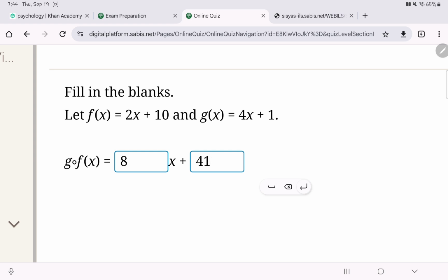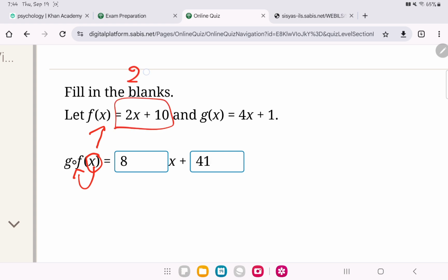Again, I will repeat. We're going to go from the right to the left. First we need to put inside of the f(x). We already have it, or if you want to substitute, you can substitute. You're going to get the answer 2x plus 10. Then you're going to substitute the f(x) into the g. What's our result of f(x)? It's 2x plus 10.